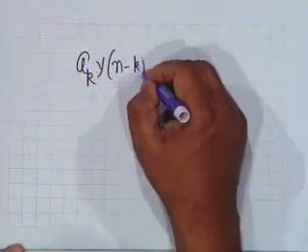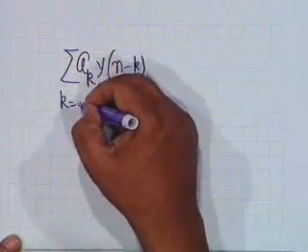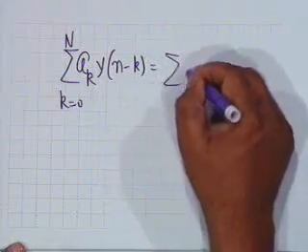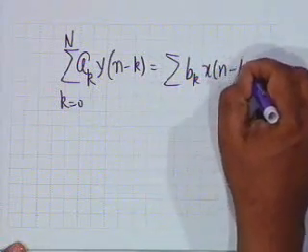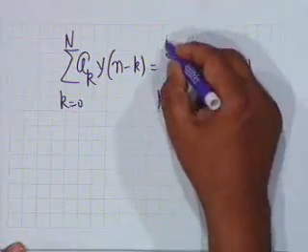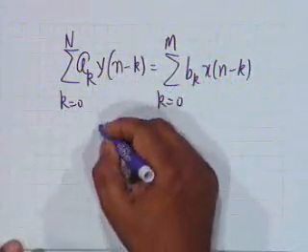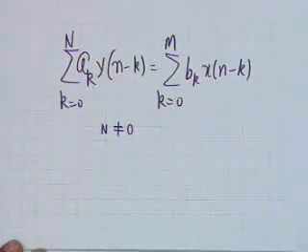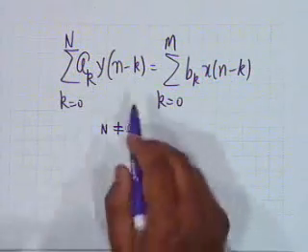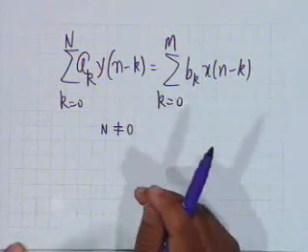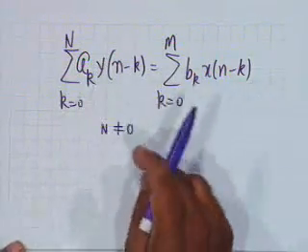Now let's go back to the original equation that I wrote: summation of ak y of n minus k, k equals 0 to capital N, equals summation of bk x of n minus k, k equals 0 to capital M. In general, if n is not equal to 0, this system produces an output the computation of which requires the sum of the past outputs.